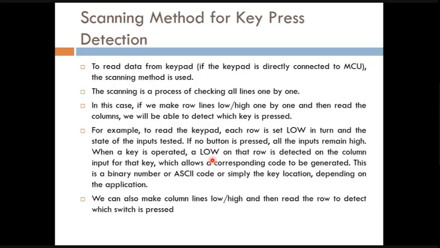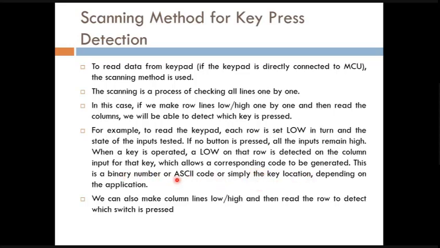If a certain character is pressed, that particular column will be low. So from the scanning you can identify where the low is coming from.